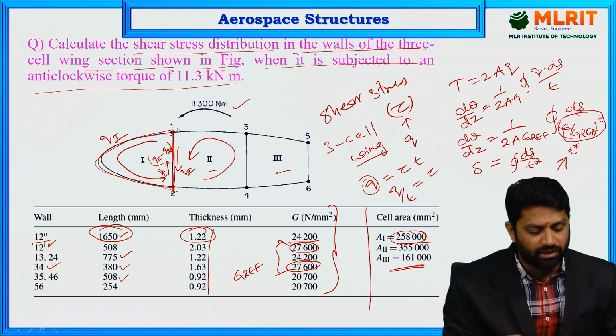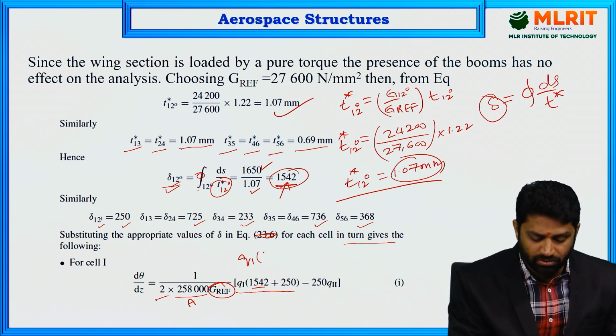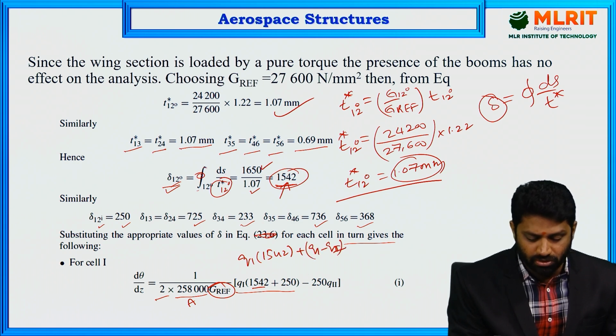So 1 to inner, if you try to write, that will be Q1 into 1542 plus Q1 minus Q2 into the second for the inner wall, that is equals to 250.